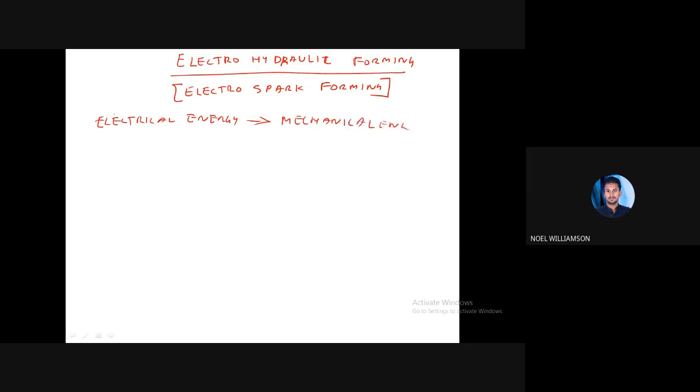Electrical energy, in the form of a spark: using electrical energy, a high or sudden electric discharge is formed in the form of sparks, and using this spark, the medium is vaporized, and using this pressure waves are created, and this helps in deformation of the material.